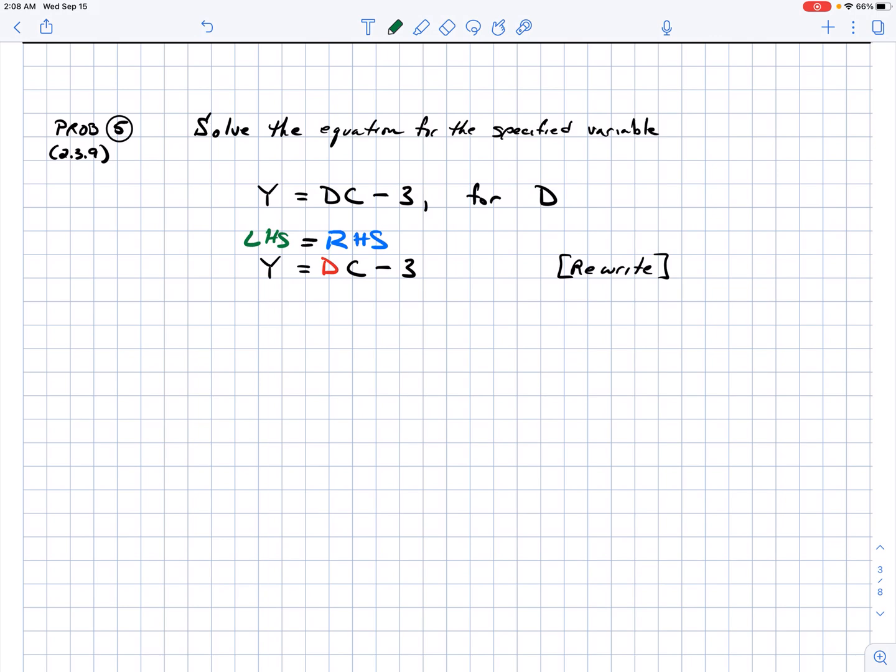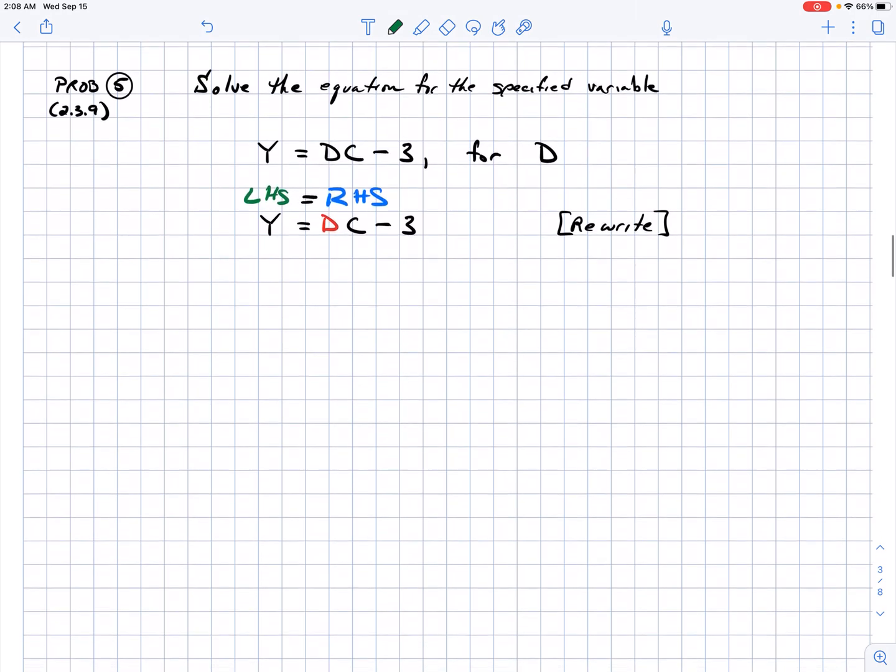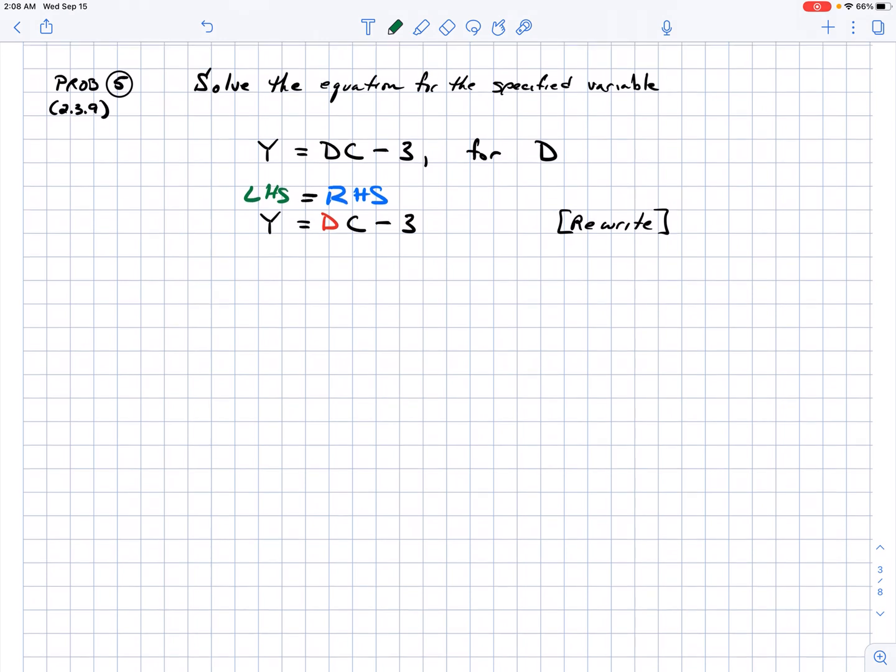In this case, I like this problem because it reminds you about slope and y-intercept form. It almost looks like y equals mx plus b if you try to visualize that.